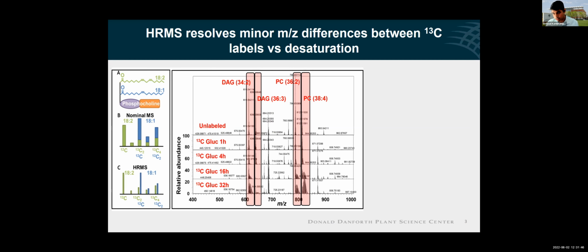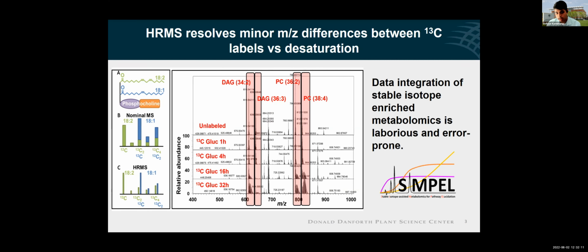And since the talk is about lipid metabolism, I wanted to mention this unique aspect of HRMS that you can gain from lipids. However, when you label with 13C, the longer you label and you look at the mass spectra that you obtain from labeled samples, you end up getting more and more isotopic versions of spectra that can be tedious to integrate if done manually, right?